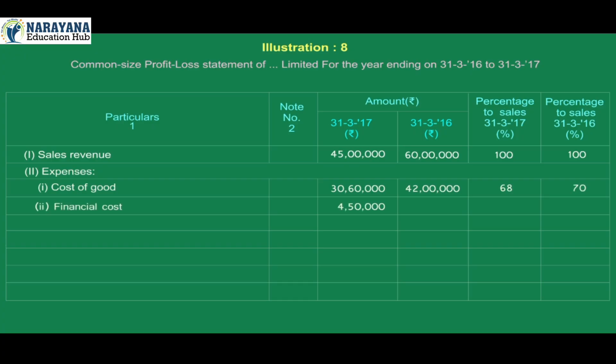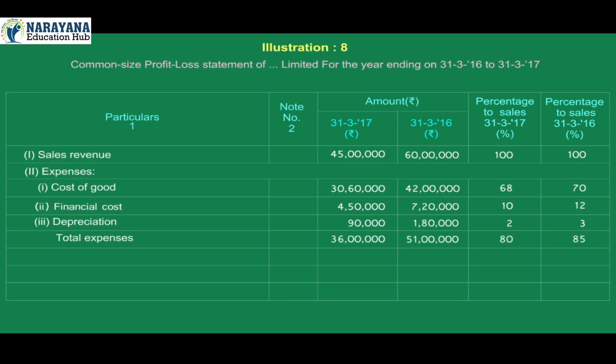2. Financial cost, 4 lakh 50,000, 7 lakh 20,000, 10%, 12%. 3. Depreciation 90,000, 1,80,000, 2%, 3%. Total expenses 36 lakh, 51 lakh, 80%, 85%. 3.